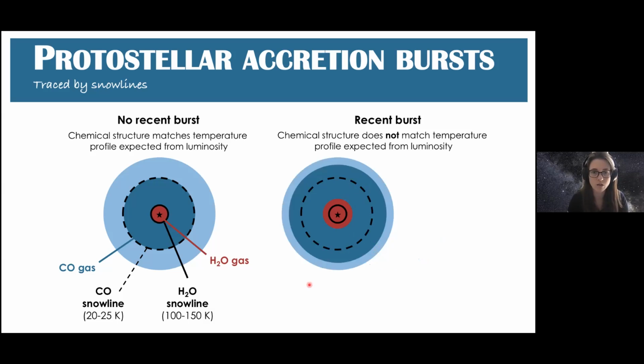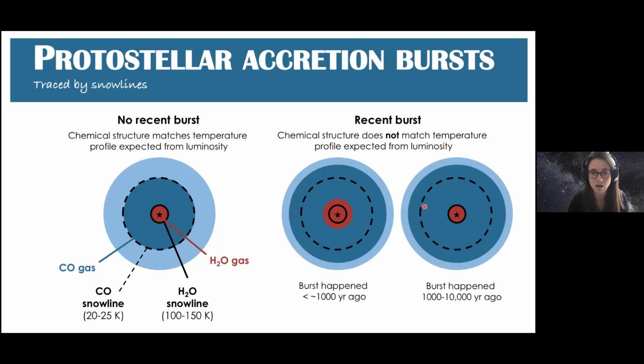So that means we get two scenarios. The scenario that I showed before, where both water and CO are more extended than we expect. It must mean that the burst happened less than 1,000 years ago, because it will take water about 1,000 years to catch up. So if the burst had happened longer ago, water would have been back to what we expected.